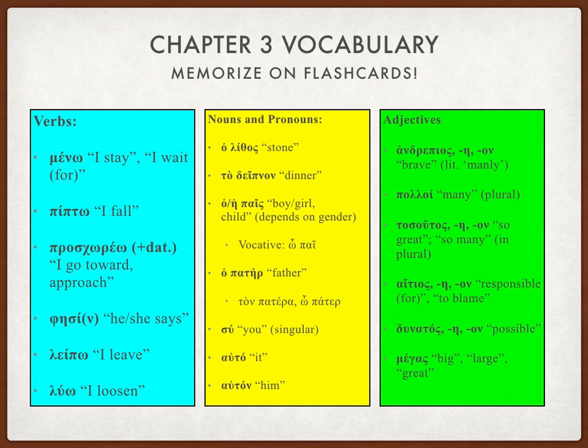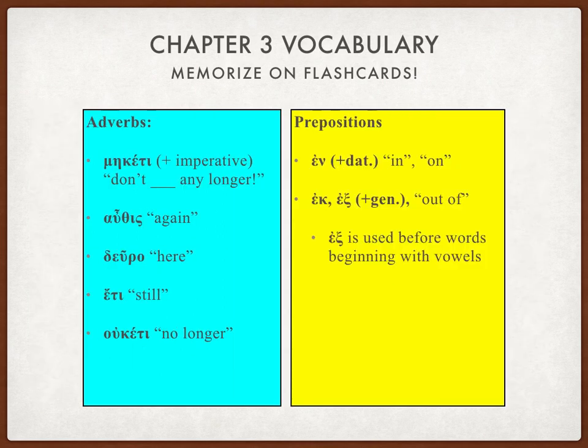We kind of saw a version of this last chapter. A couple more things to know. Some important adverbs. Meketi is an adverb used with a command, only with imperatives. That means don't do this any longer. It's very specific, but you'll see how it relates to some of the other stuff in this list. Meketi, don't blank any longer. Authis means again.